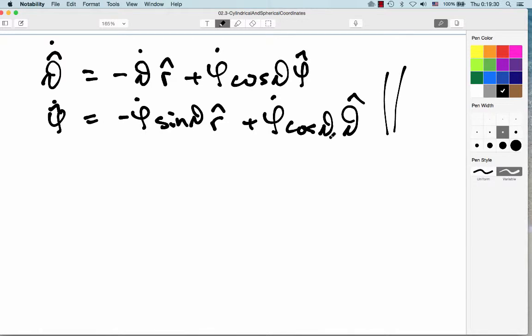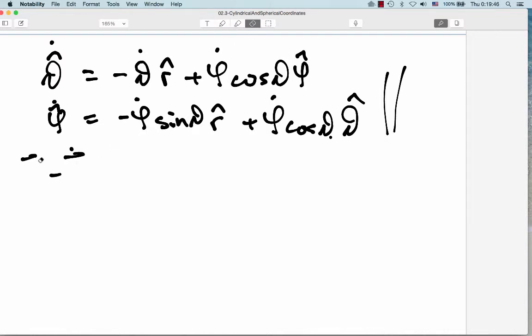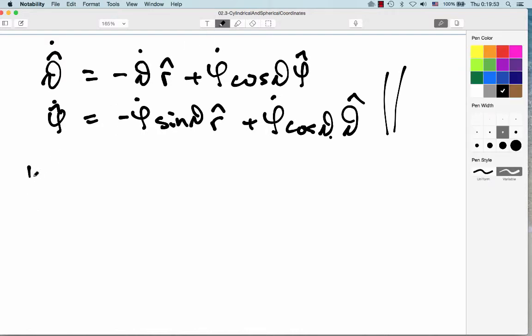Okay, so we can get the acceleration the same kind of way. The acceleration is equal to v dot. So we go ahead and, oh, I'm sorry, I forgot to finish up here. Let's finish up getting the velocity. So for our velocity, v, which is equal to r dot.